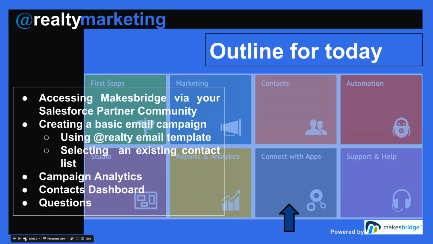We also track web activities, so you can get a lot deeper information about what your contacts have been doing and how they're interacting with your marketing. And then, assuming we have some time, we will take a few questions. And of course, we encourage you to email either Junaid or myself afterwards to get any additional questions answered.